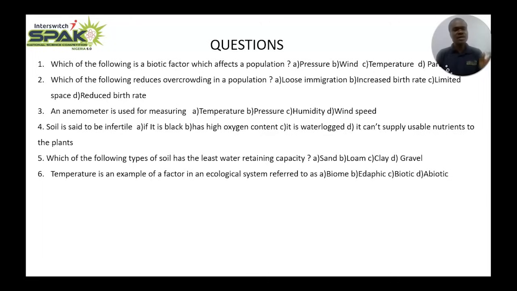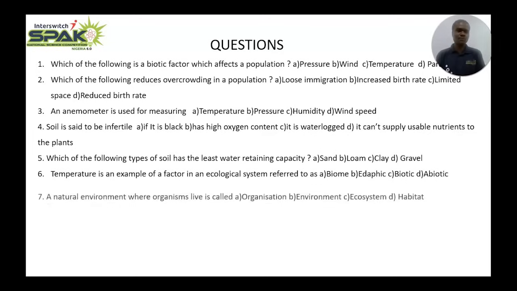The next question says, temperature is an example of a factor in an ecological system referred to as dash. Is it A, biome, B, edaphic, C, biotic, D, abiotic? Temperature is an example of abiotic factor, non-living factor.